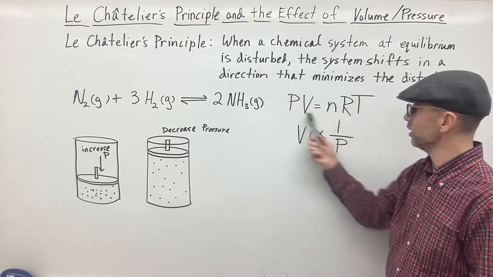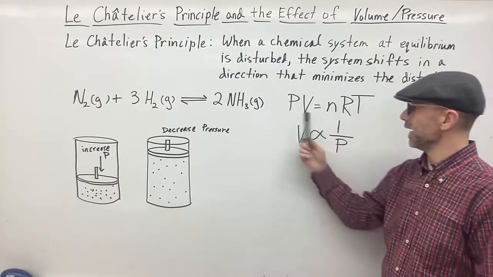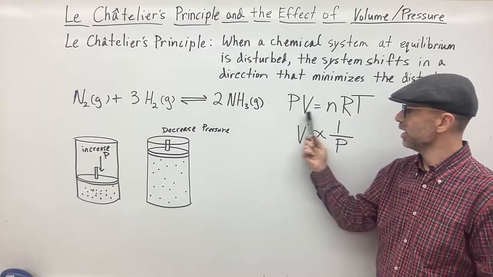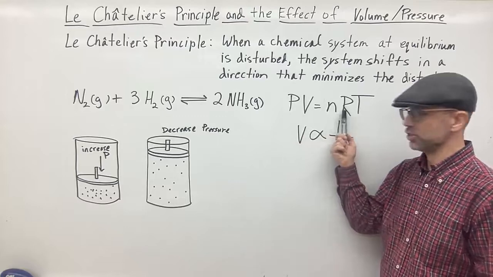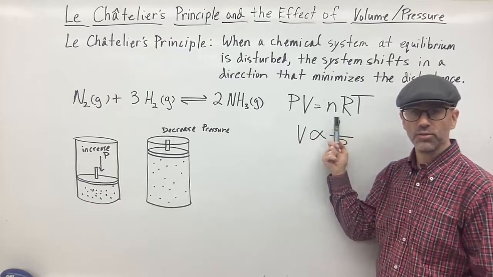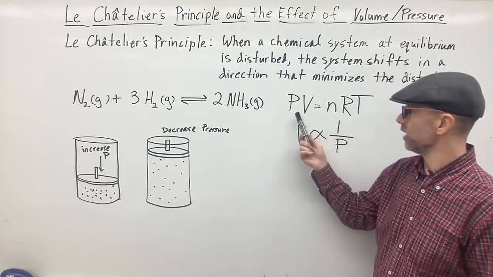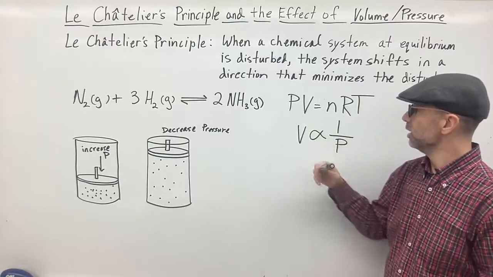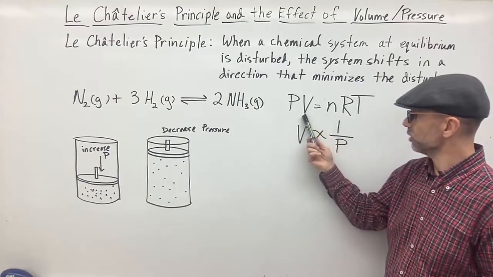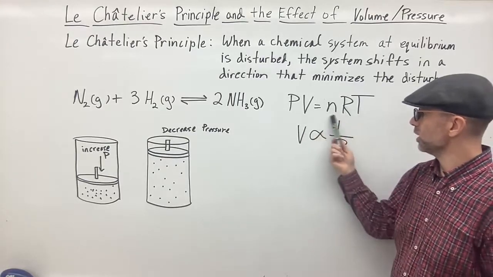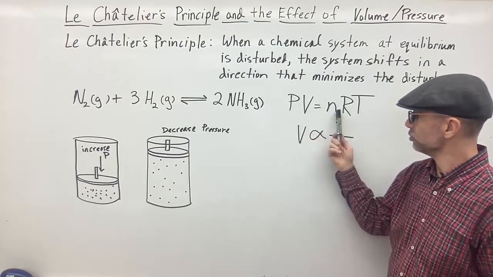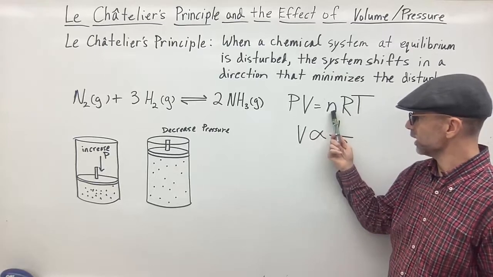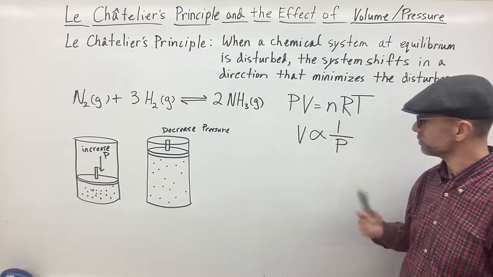So this is our ideal gas law, and as you can see, the pressure and volume are related to the number of moles, right? So you can see that increasing pressure or increasing volume would be related, inversely related to the, or directly related to the number of moles.